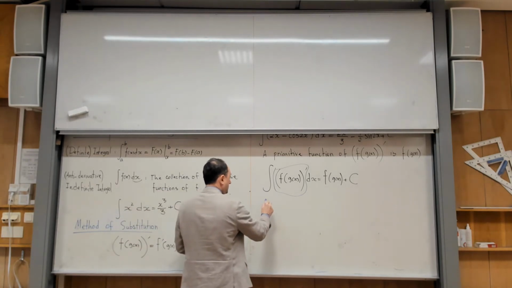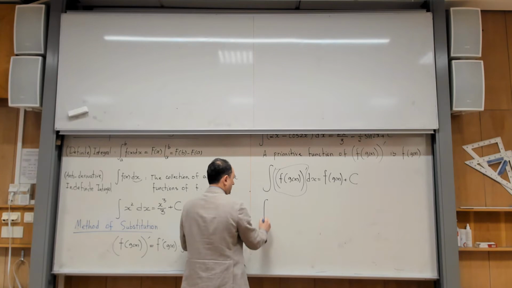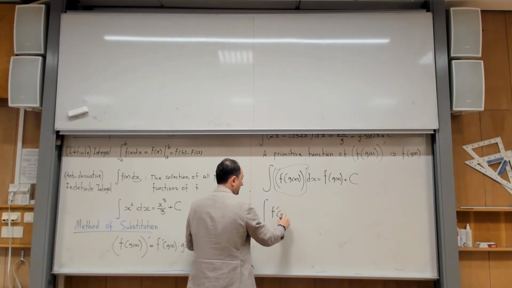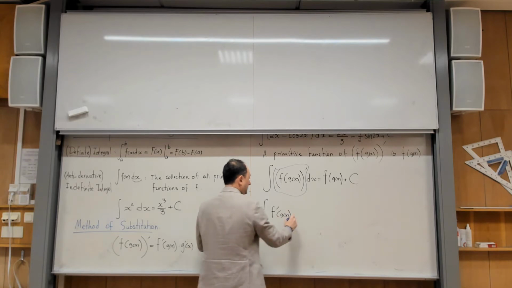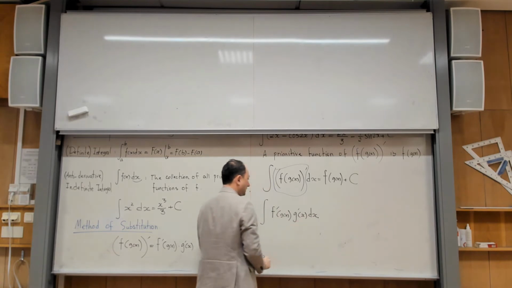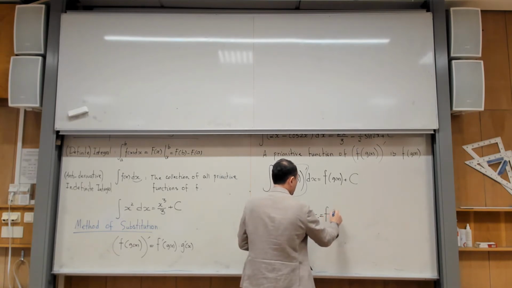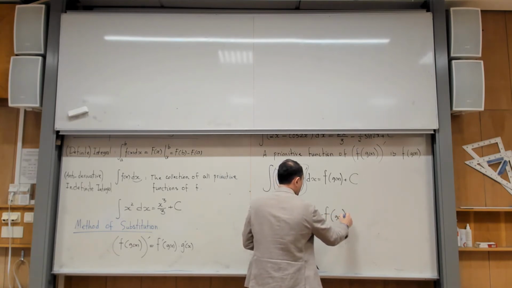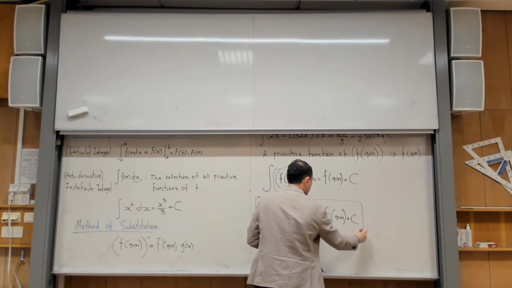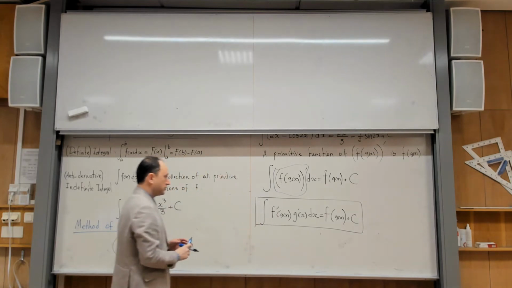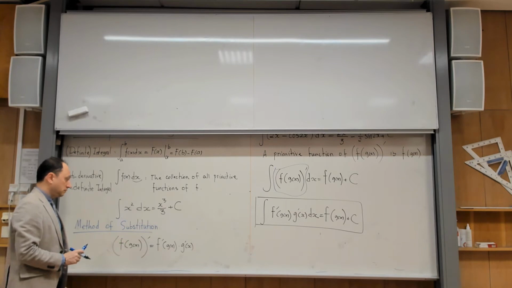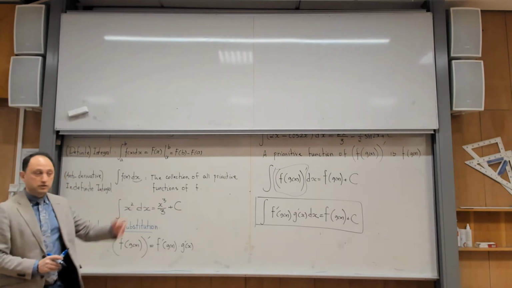So this becomes the integral, if I want to expand this, of f prime of g of x and g prime of x dx is equal to f of g of x plus c. That is the formula. It's not something we discovered now. We have just written it in a different notation. But that's the chain rule, and that's the immediate consequence of the chain rule.